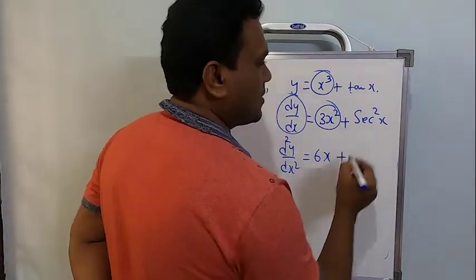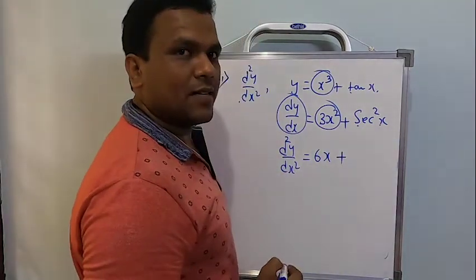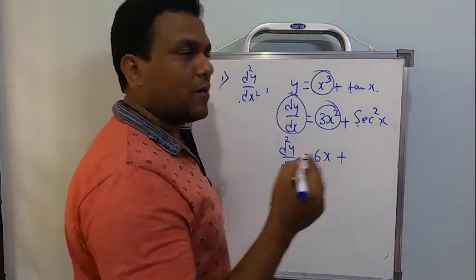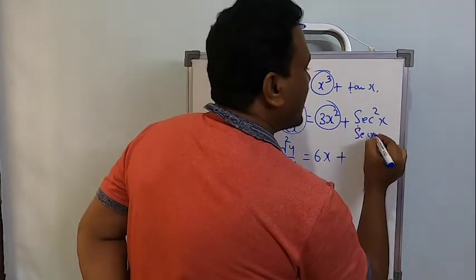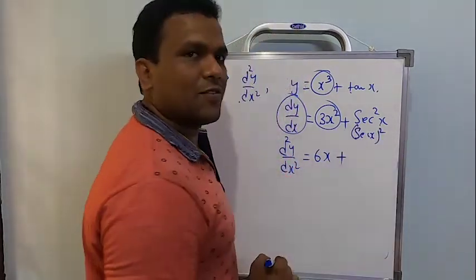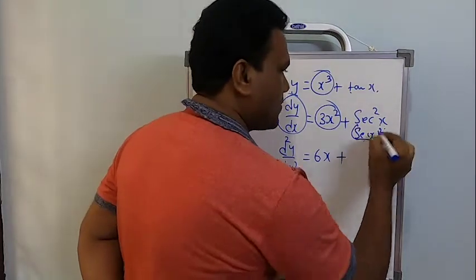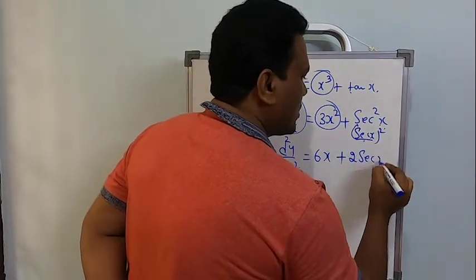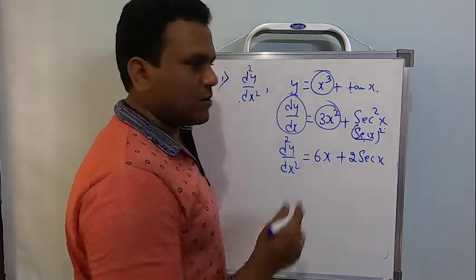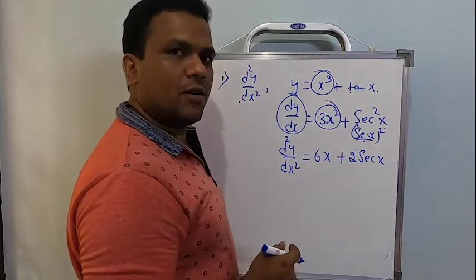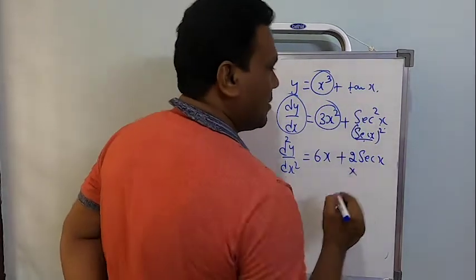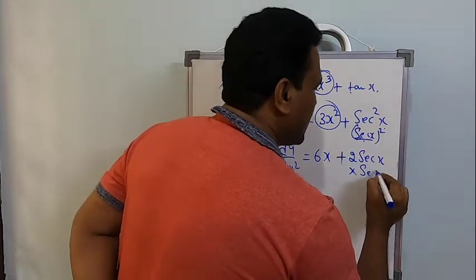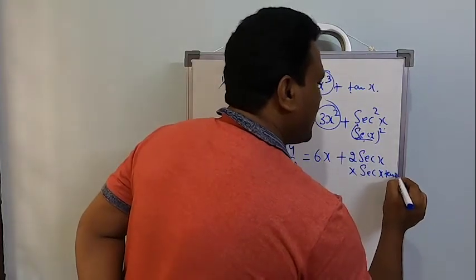Plus, as I said, for the differentiation of secant square x, a trigonometric function with a power, I suggest you write this as secant x the whole square and differentiate. First, for x power n, the differentiation of x square will be 2x. So the differentiation of secant x the whole square is 2 secant x multiplied by the differentiation of secant x, which is secant x tan x.